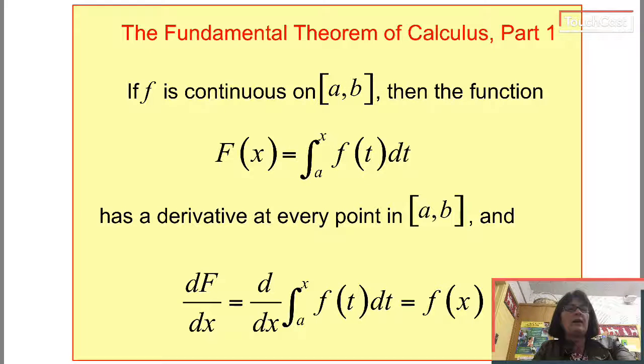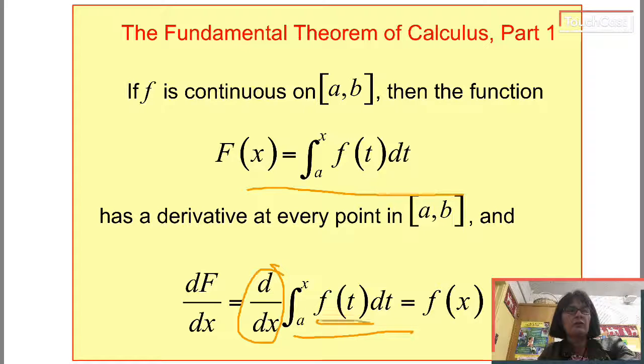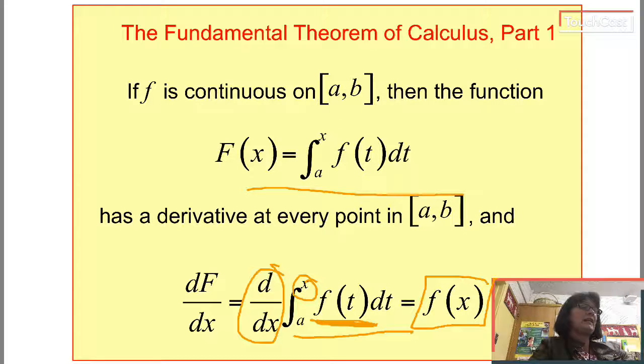So if I have the integral from a to x of f of t dt, and I take the derivative with respect to x, that's what this operator means, notice how my old integrand was f of t, and the result of differentiating that integral is the same integrand, but with that upper limit variable as the input now.